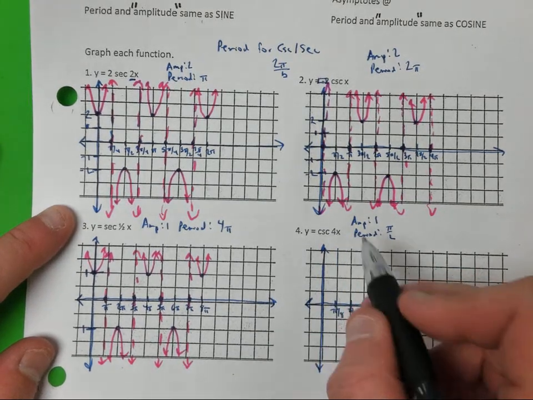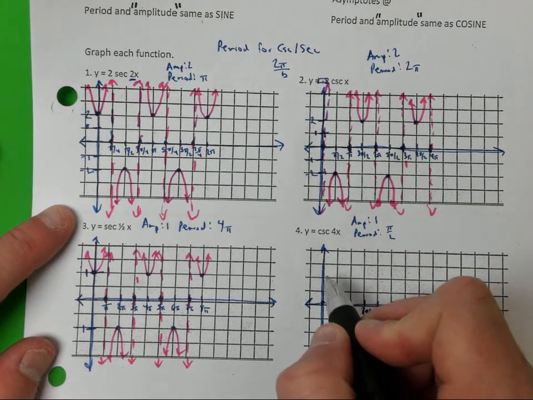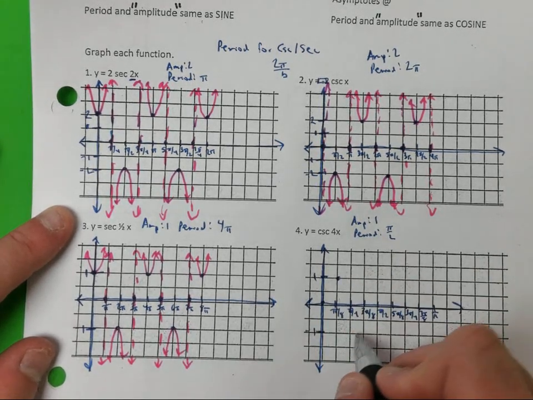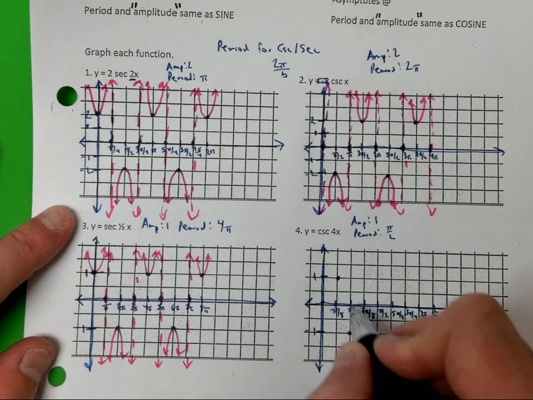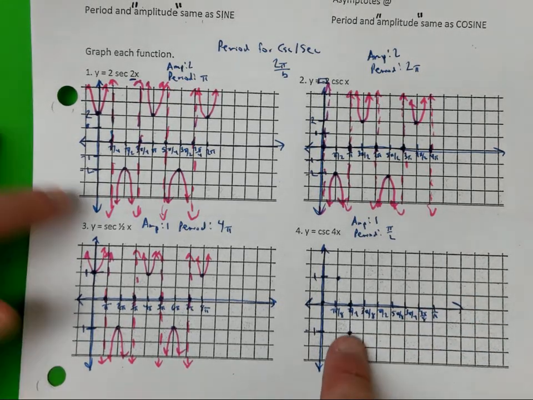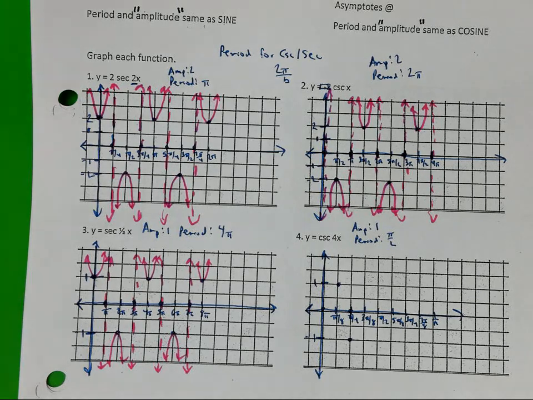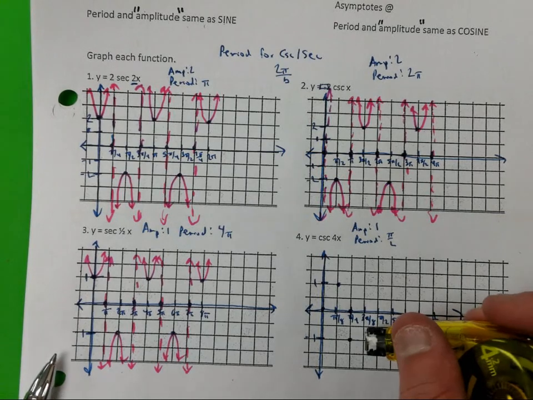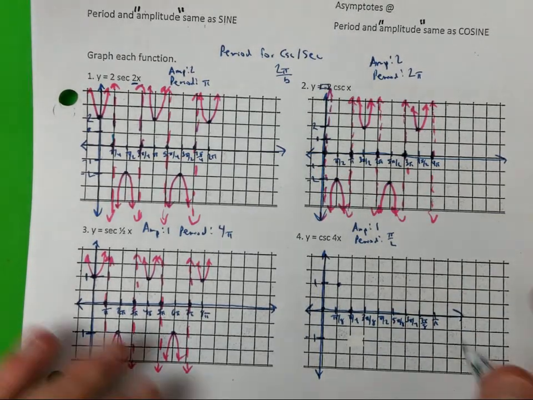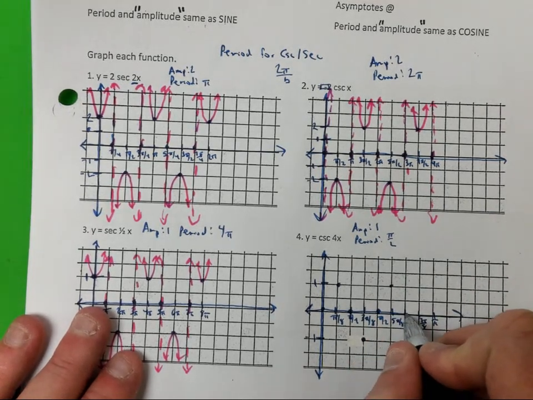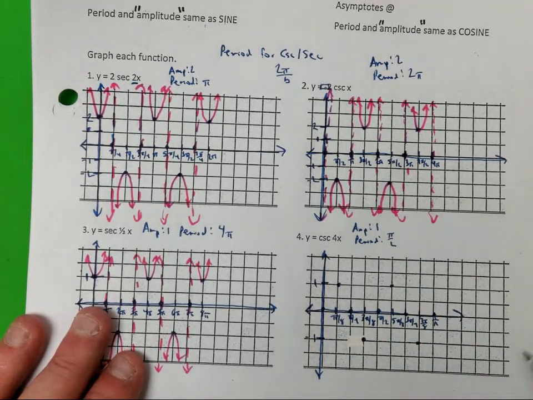Cosecant is related to sine, so you start at the origin and go up to the amplitude. Sorry about that. Let me clear that dot out. Okay?